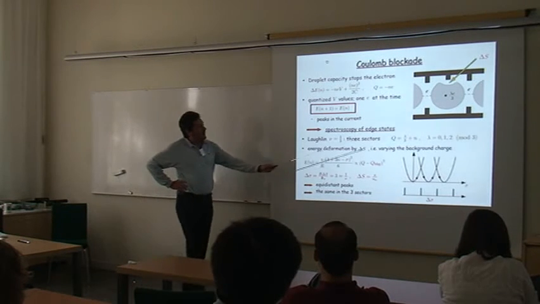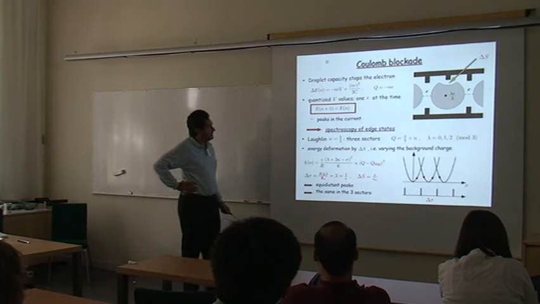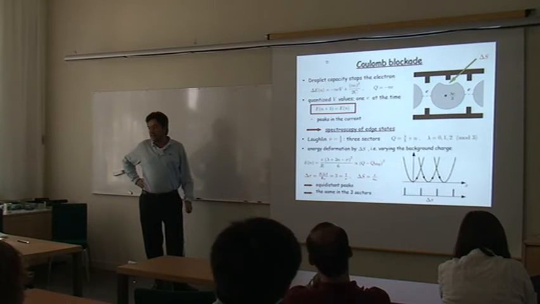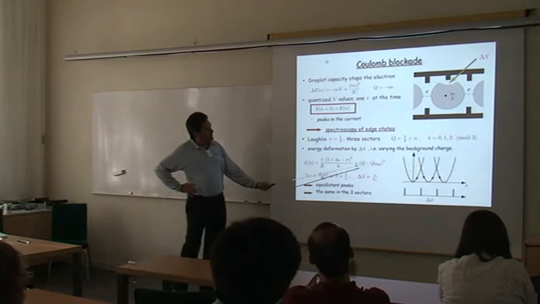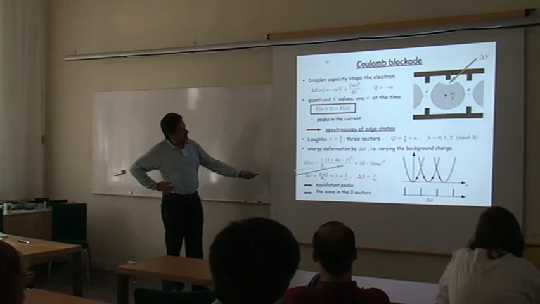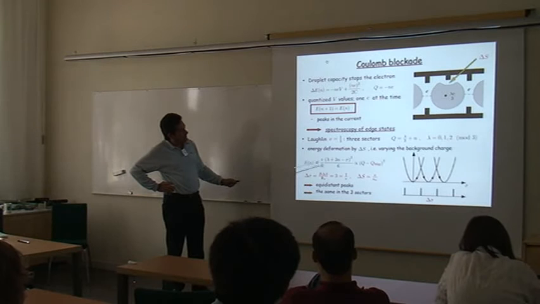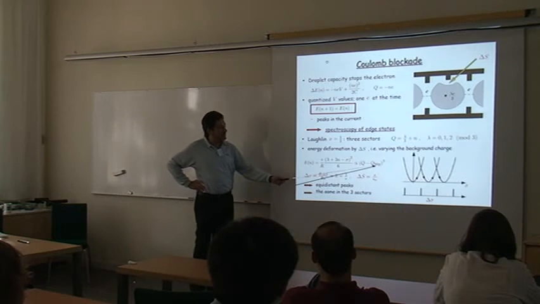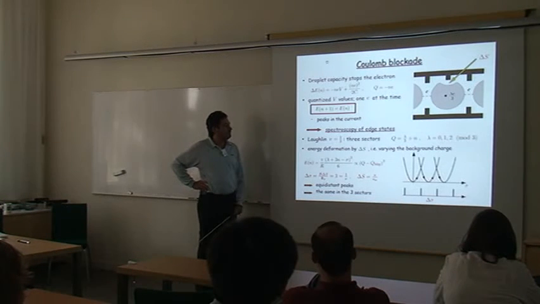When you deform the area, they acquire a capacitive energy, which is proportional to the charge at the boundary, okay, so this is the charge squared. So this energy at the edge is, roughly speaking, 1/R, the charge squared, and then you have the Fermi velocity. So if you deform the droplet, then you have a background charge that adds to the charge of the excitation, and then you have this behavior.